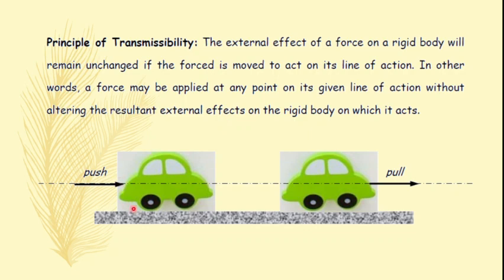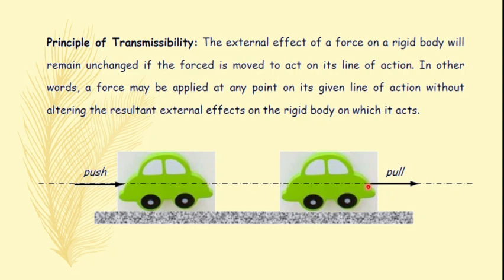Means, suppose for this car, if we are applying a push here and if we draw the line of action, push is actually the force, and if we draw the line of action of this push by a dotted line, then we can replace this push by this pull.